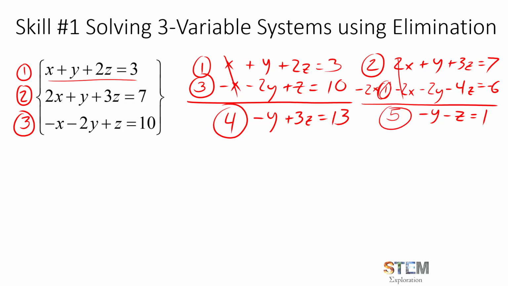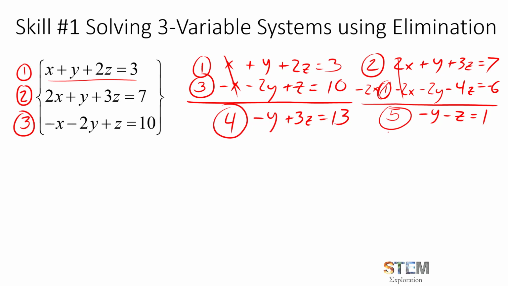Okay, so just to recap, I used the elimination method using equations 1 and 3 to find negative y plus 3z equals 13. This created a two variable equation from two independent three variable equations. And then in order to get the third equation represented here, I took equation 2 and I used elimination in conjunction with equation 1 multiplied by negative 2 to get equation 5.